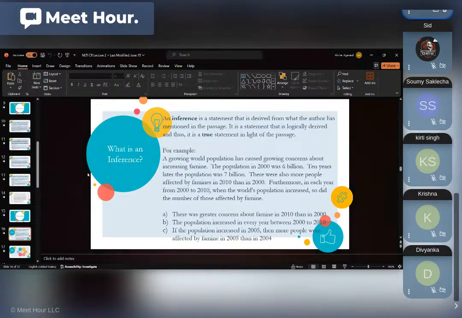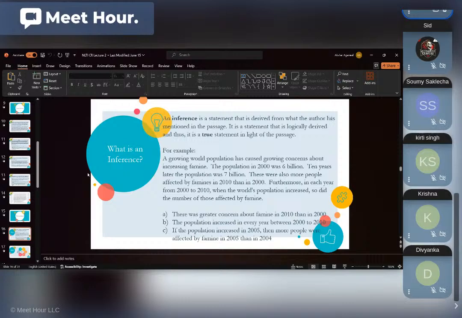What basically is happening in this passage, the author is trying to draw a correlation between the increase in population and the increase in famine, which is why in option C we are saying that if the population increased in 2005, it is likely that there was also a famine increase in 2005. But if you notice, the author does not explicitly state this.